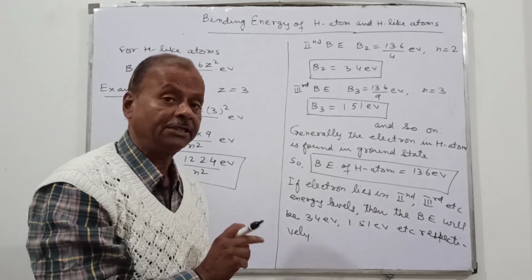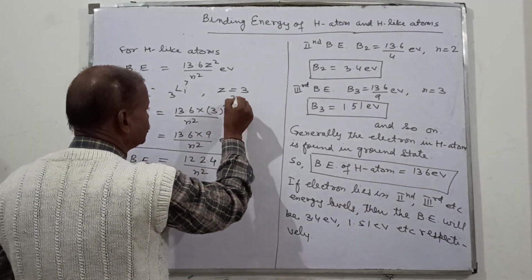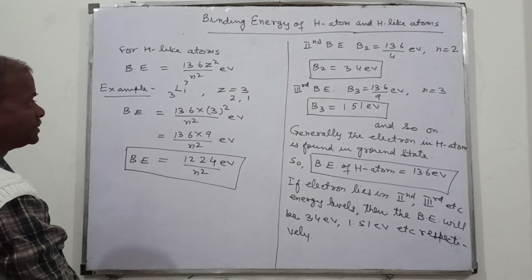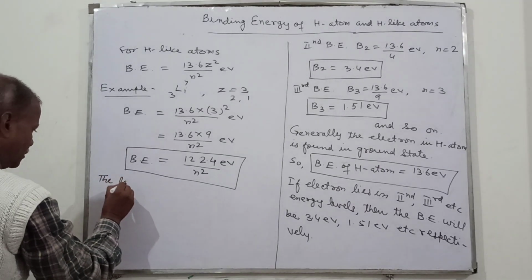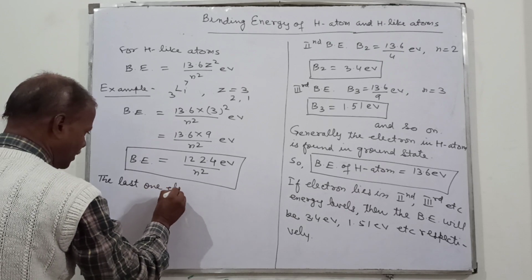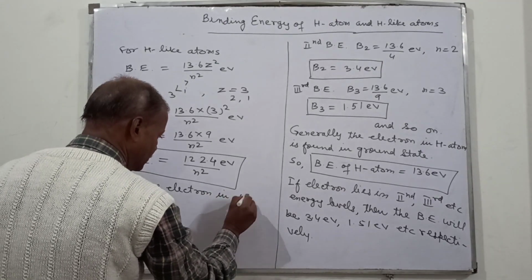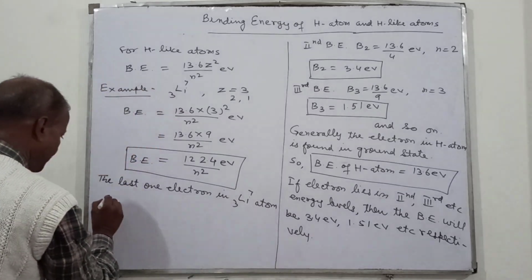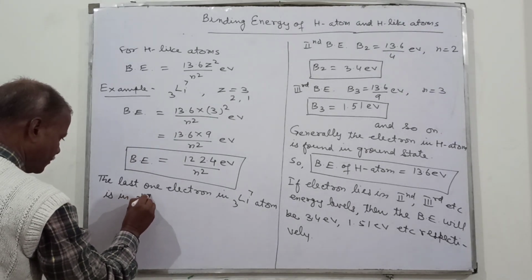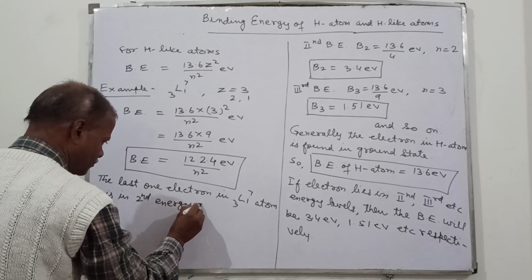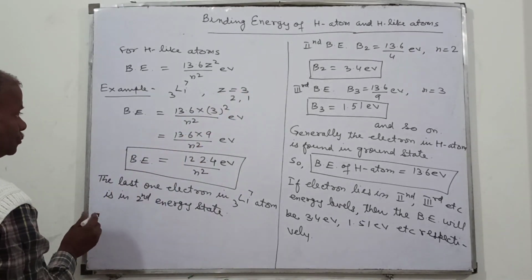Now since in the lithium atom the last electron lies in the second energy state, N is equal to 2.